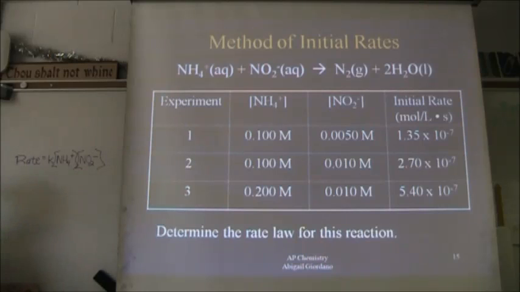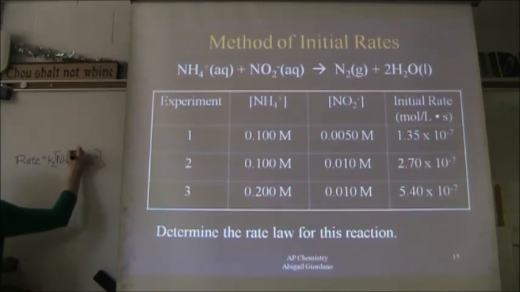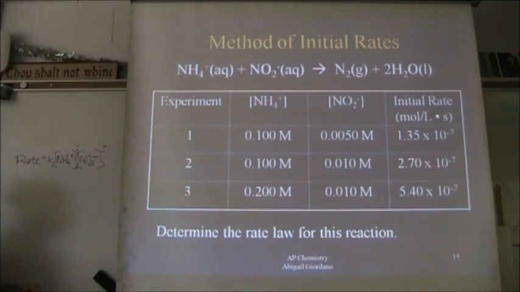And our job, ladies and gentlemen, is to figure out what the exponents are for each of those reactants. And here's how you do it.